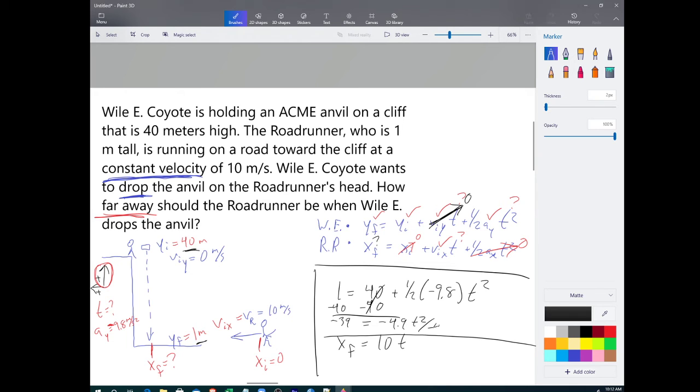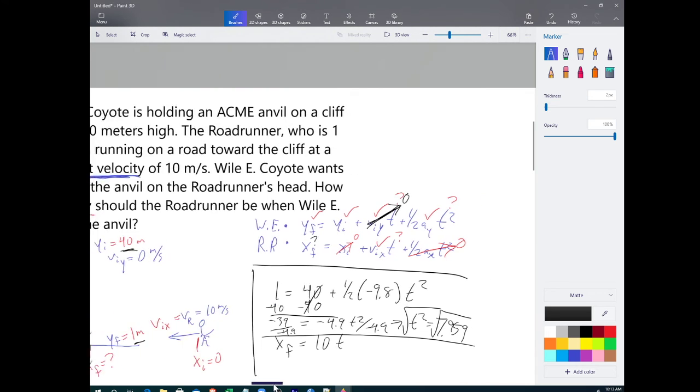I'm going to divide by negative 4.9, divide by negative 4.9, and I get t squared is equal to, let's see, negative 39 divided by negative 4.9, I'm getting 7.959. I'm going to take the square root of that.